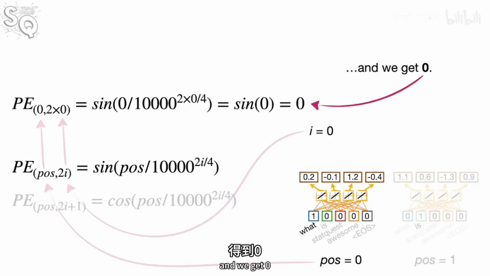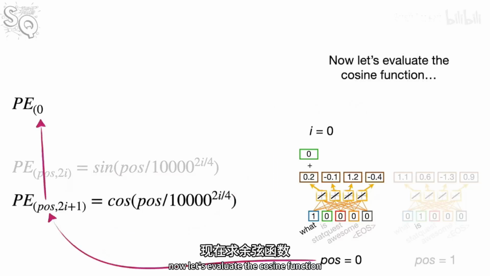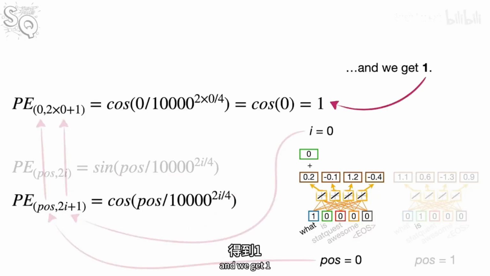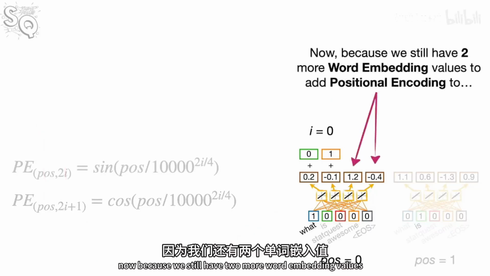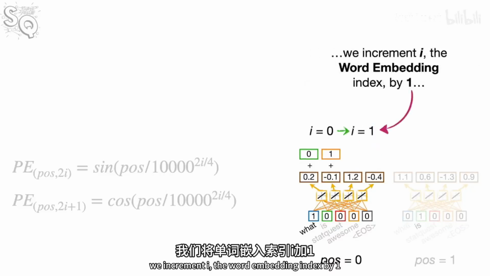And we get 0. So 0 is the first position encoding value. Now let's evaluate the cosine function. Ba-bing. And we get 1. So 1 is the second position encoding value. Now, because we still have 2 more word embedding values to add positional encoding to, we increment i, the word embedding index, by 1.